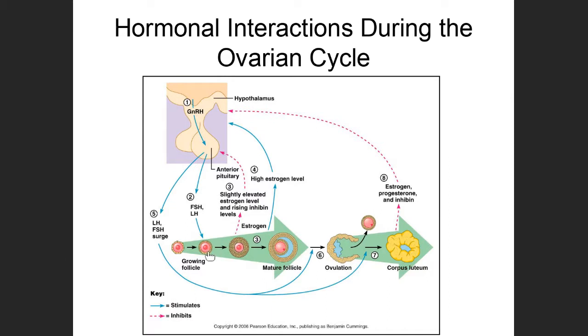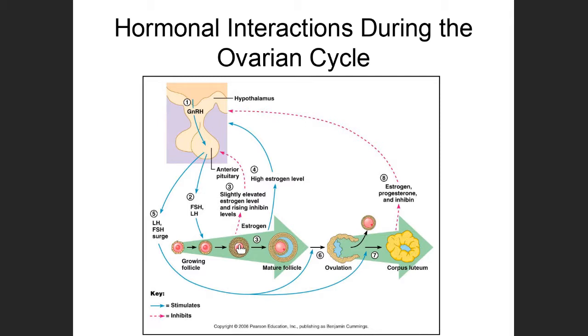So as this follicle grows and gets more and more granulosa cells around it, estrogen levels are increasing in the female. Estrogen is really the female equivalent to testosterone.